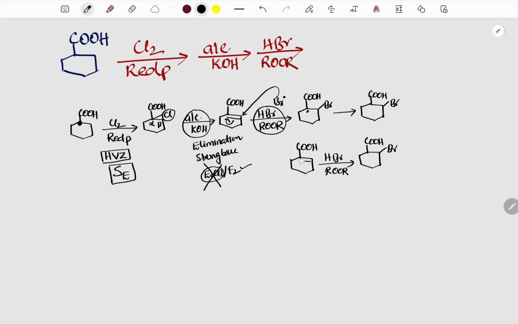Here this carbon has 0 hydrogens and this carbon has 1 hydrogen. Therefore in the final product, Br is attached to the carbon having more hydrogens. Therefore it is an anti-Markovnikov product.